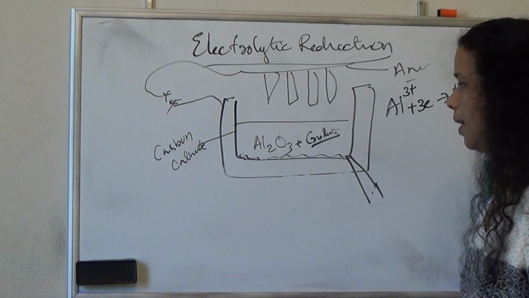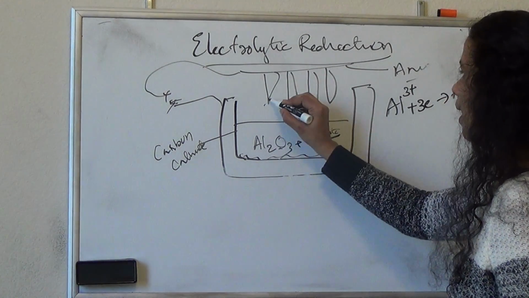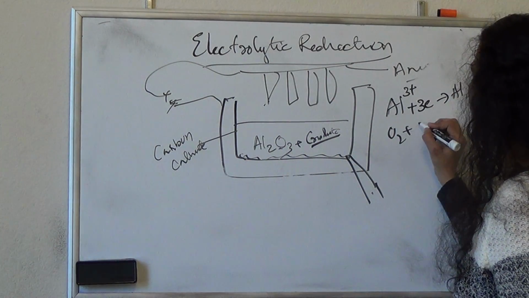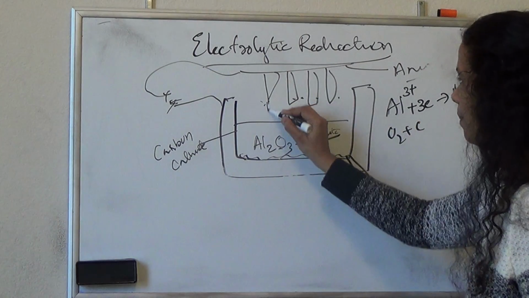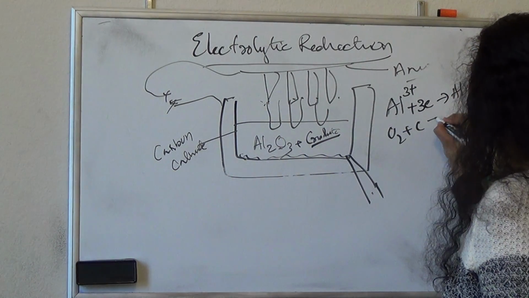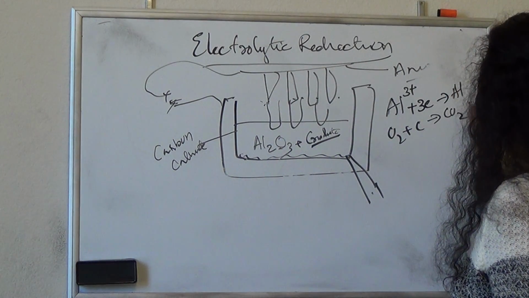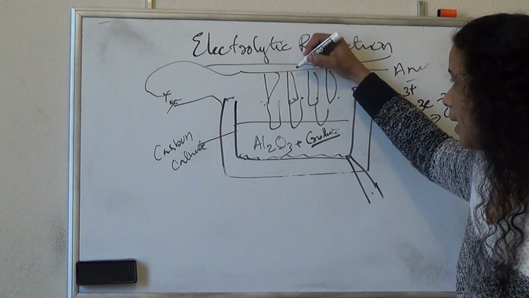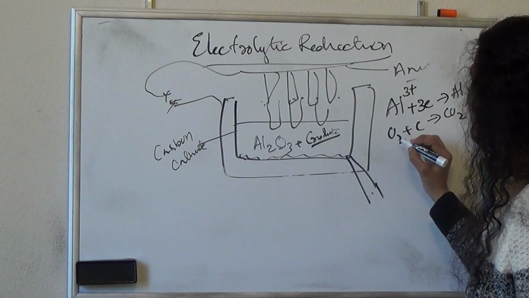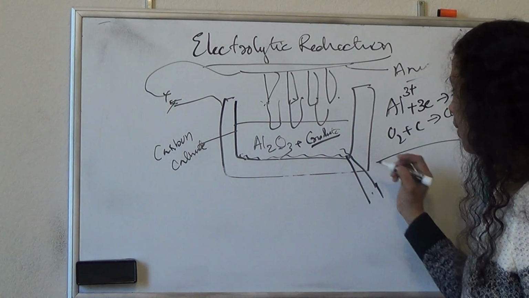Then the oxygen moves to the anode, where carbon rods are dipped into the solution. It combines with the carbon, and carbon dioxide gas is liberated at the anode. After some time we get pure aluminum.